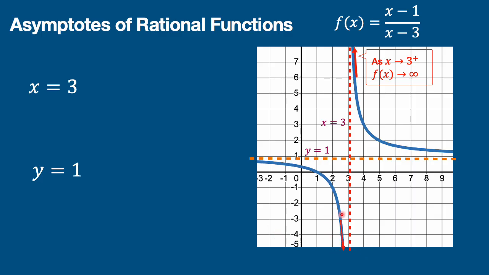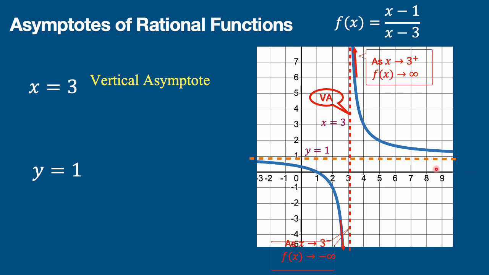Going down means x approaches 3 from the left, and the graph goes down to negative infinity. In that case, we say this is a vertical asymptote line. Intuitively, the graph is getting close to the vertical line. Same idea for the horizontal asymptote, y equals 1.